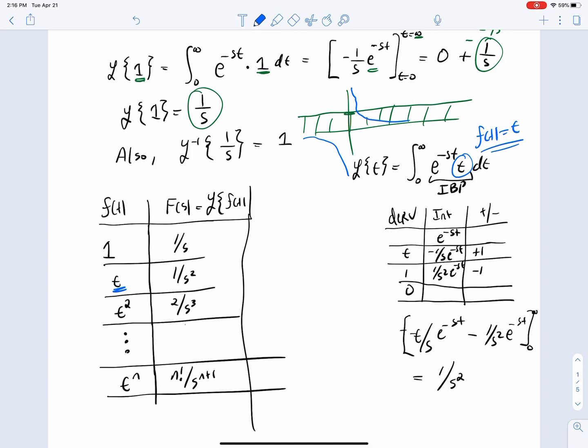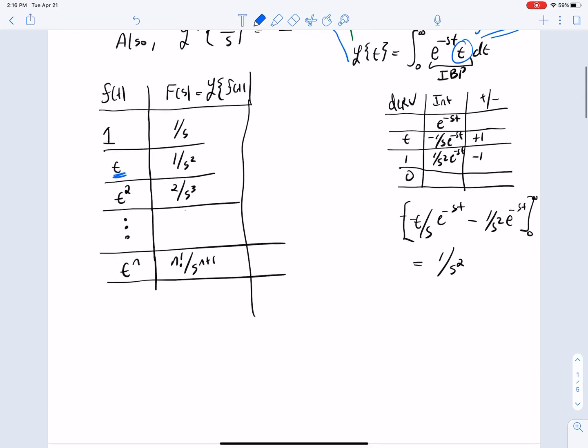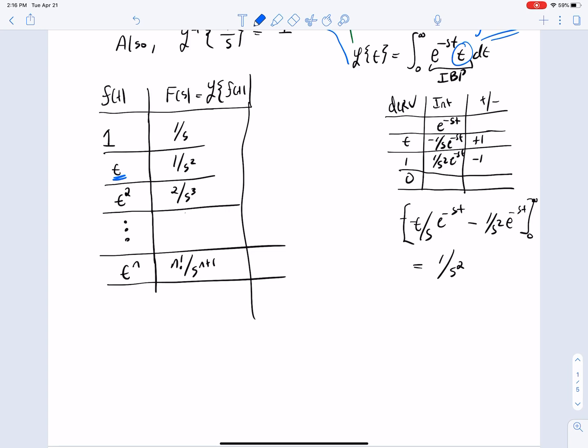One efficient way to organize that is what's called the tabular method. To do integration by parts, you do the derivatives and the integrals in columns. This is the part that I'm going to take the integral of, so I'm just going to pass it down. Then you just alternate signs and multiply across. I'm going to keep taking derivatives till this term goes to 0. If you do that and evaluate it, you're going to get 1 over s squared.